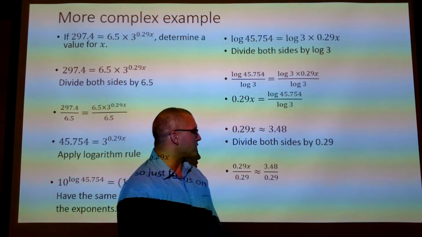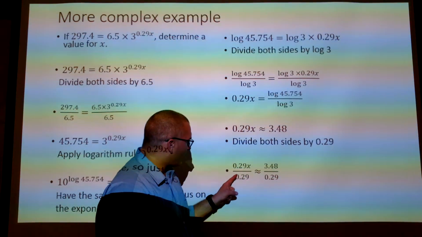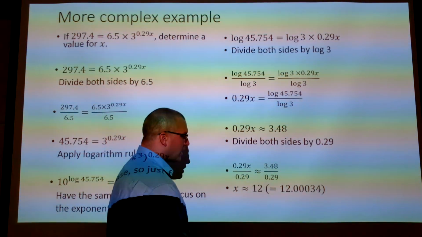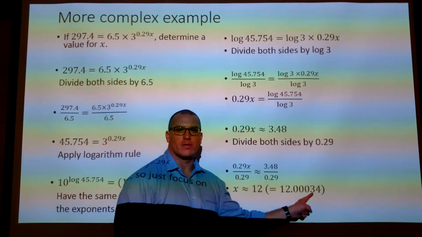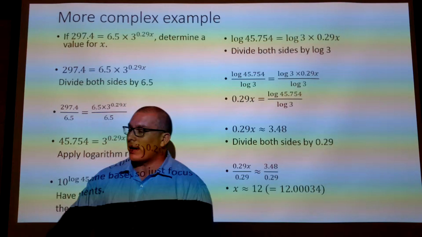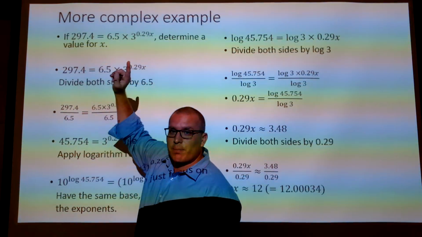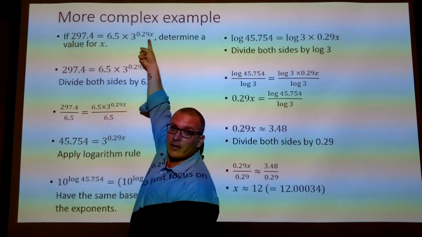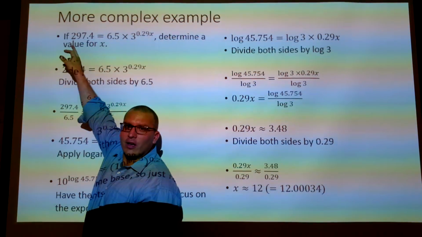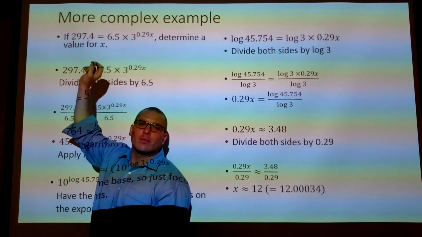Divide both sides by 0.29, and I get that x is approximately equal to 12. I'm not sure of the specific value here. So what that means is, if we put a value of 12 here for x, we would approximately get this value here of 297.4.